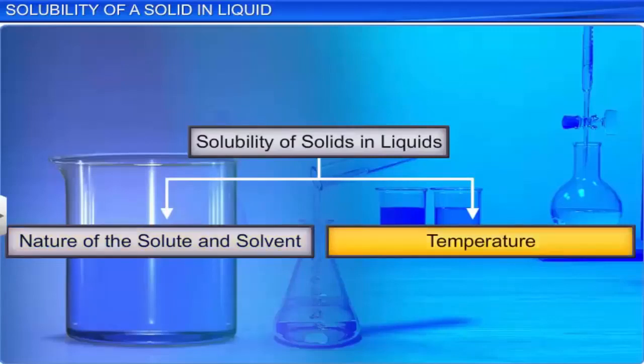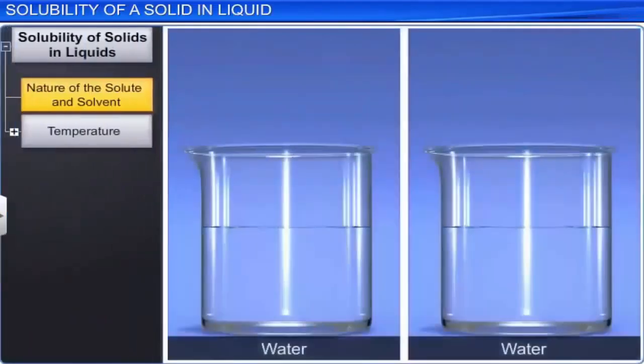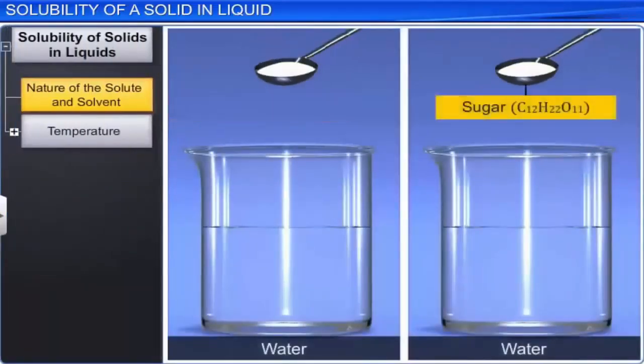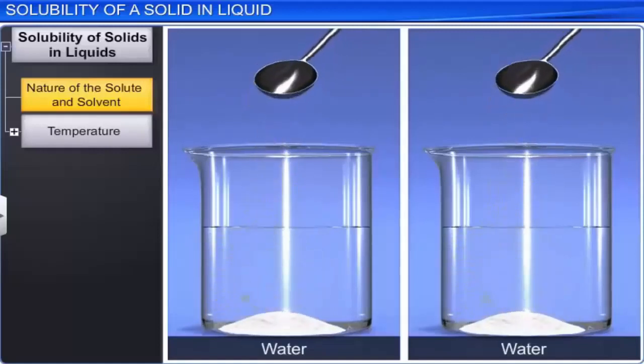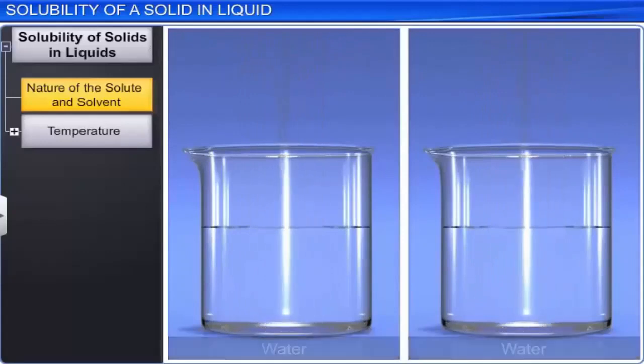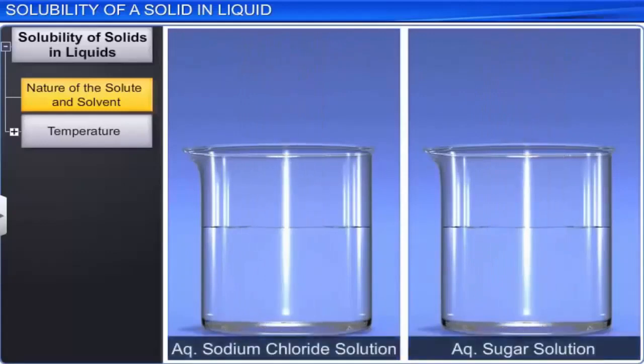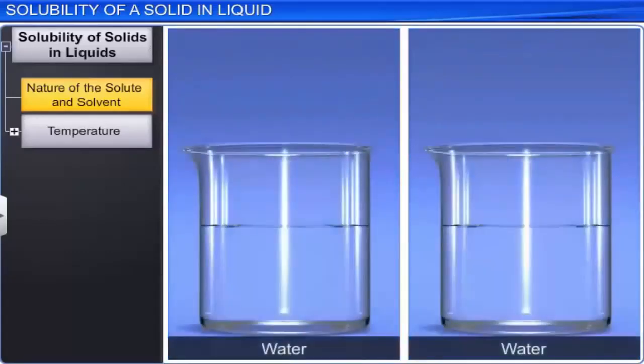Let's discuss how solubility depends on the nature of the solute and solvent. It is observed that while sodium chloride and sugar dissolve readily in water, naphthalene and anthracene do not.